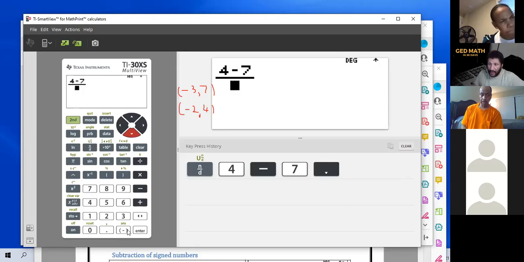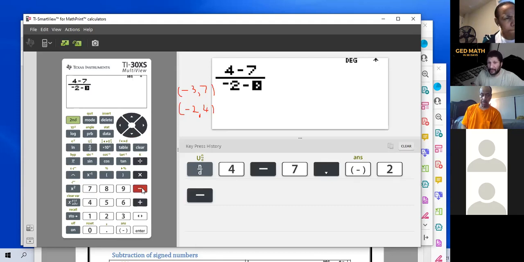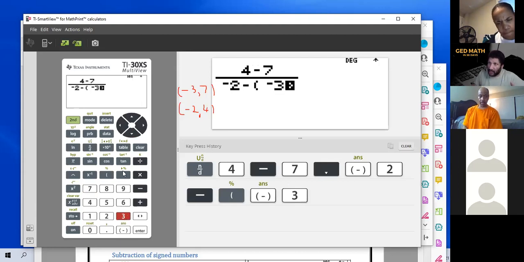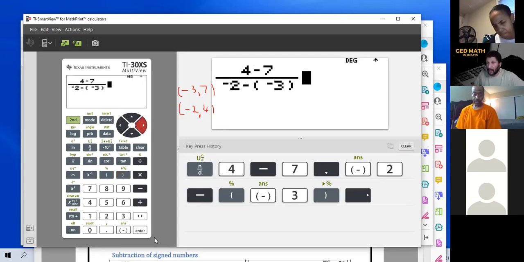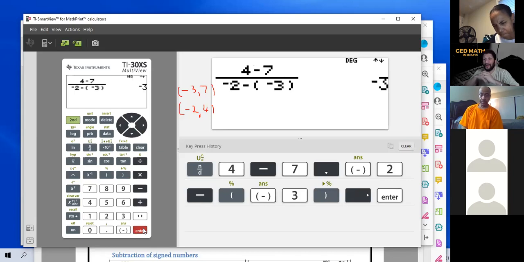Down here towards the bottom of your calculator, put -2. Put your subtraction sign. Put your parentheses, and then again, we want to put -3, but we want to use the negative next to enter. And put -3 and close your parentheses. Hit your right arrow and press enter. You should get -3.